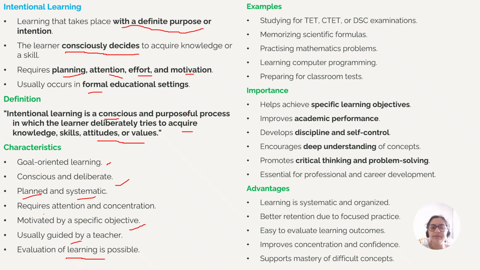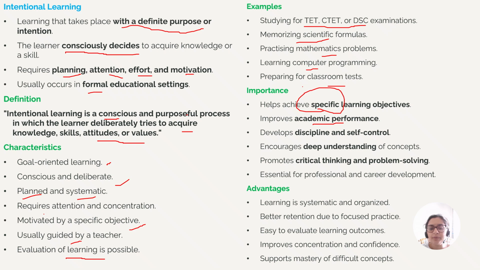Examples: studying for TET, CTET, DSC examinations, memorizing scientific formulas, practicing mathematical problems, learning computer programming and preparing for classroom tests are some of its examples. What is its importance? It helps to achieve specific learning goals. It helps in improving academic performance.